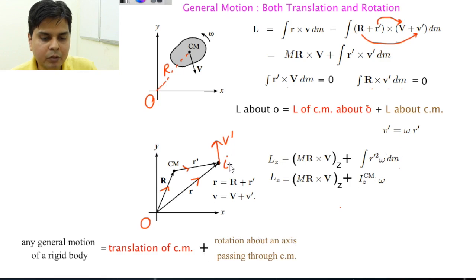Exactly the same thing is happening here. I have to find L of an arbitrary shaped body which is doing arbitrary motion. This L will be because of this translation, this is the term, plus this rotation, this is the term. So Lz is equal to, I can write it in this step.